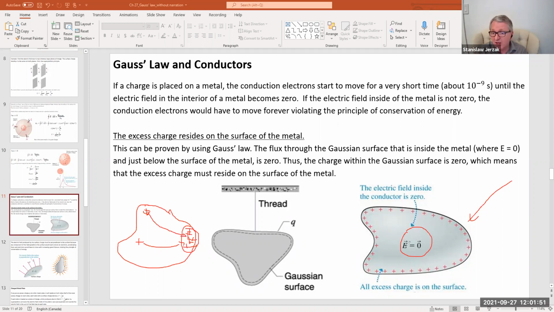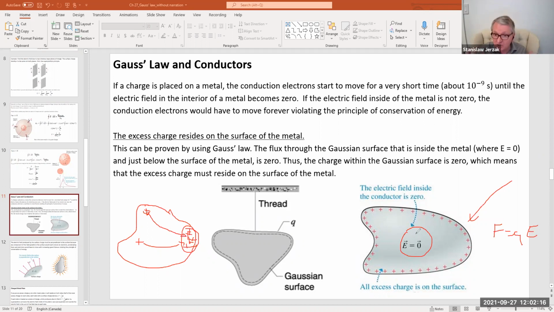Because if the electric field inside is not equal to 0, then by the equation F equals Q times E, there would be a force acting on these electrons. If E is not equal to 0, then electrons would have to continue to move forever. And when electrons move, they make collisions, so the metal would be heated.